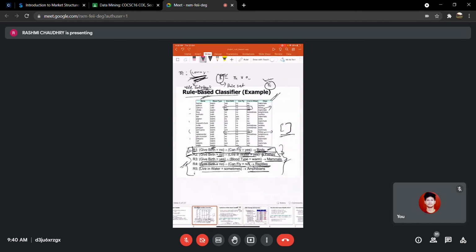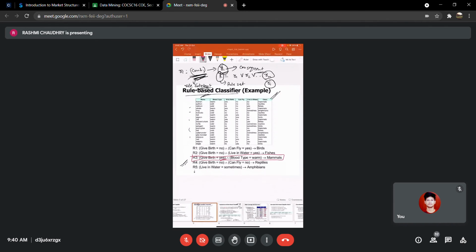So now let's assume we want to check the properties or a performance metric of the third rule. Gives birth yes, blood type is warm.